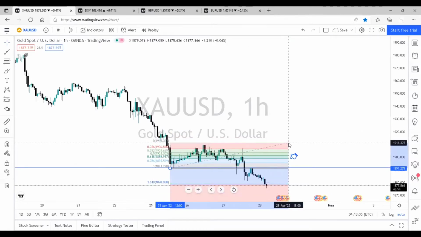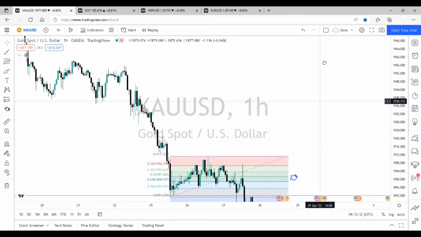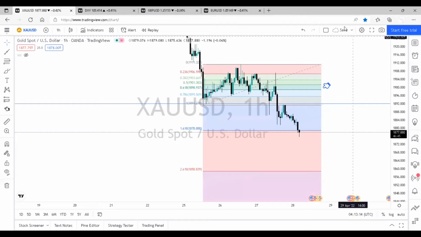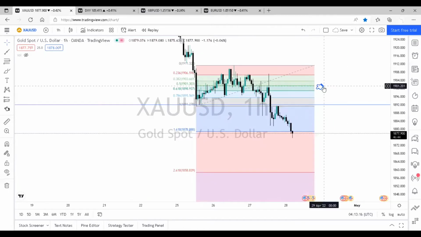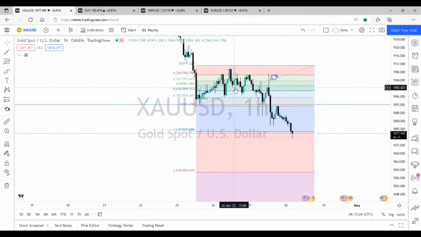So we're gonna use that swing, and we're gonna use this swing here, and then the entry would be the OTE entry. So it'll be about here. That is the OTE entry on the gold.